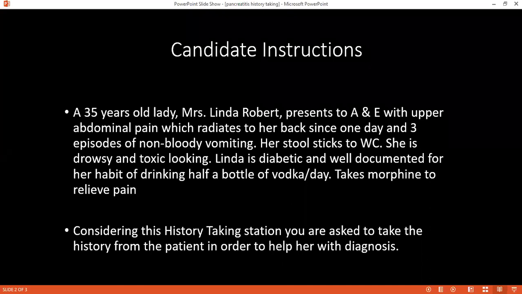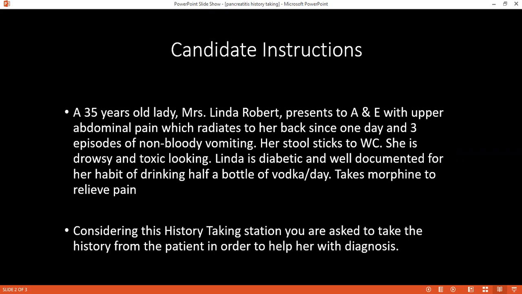About morphine, what should be the normal dose a patient should take? From 20 to 30 milligrams per day, per 4 hours. Okay, right.